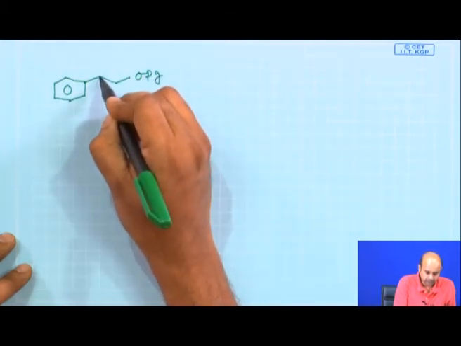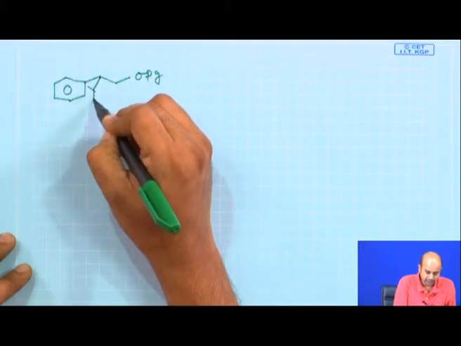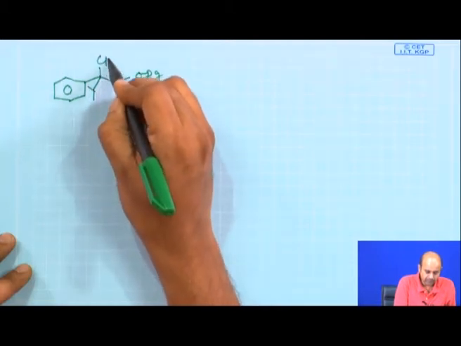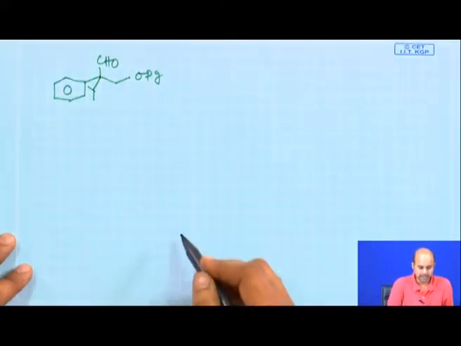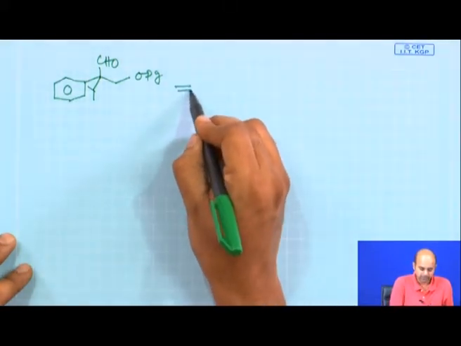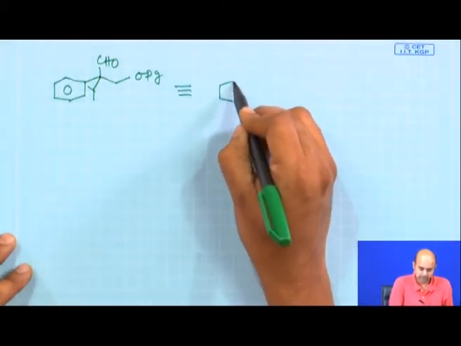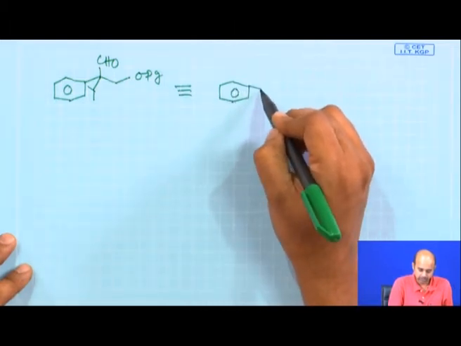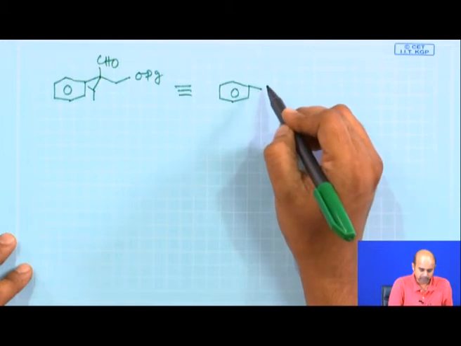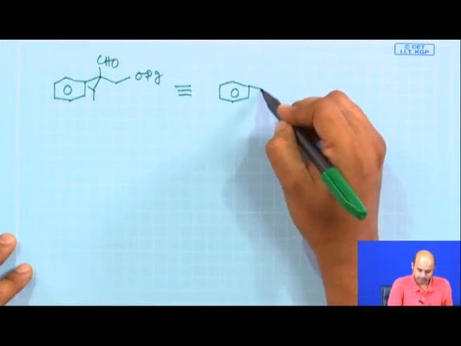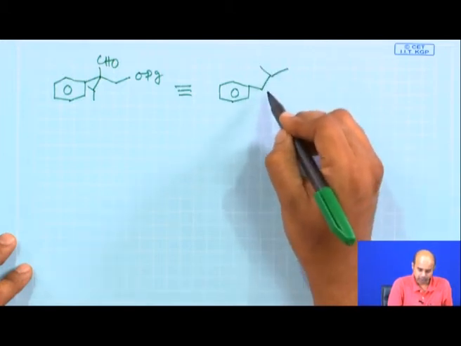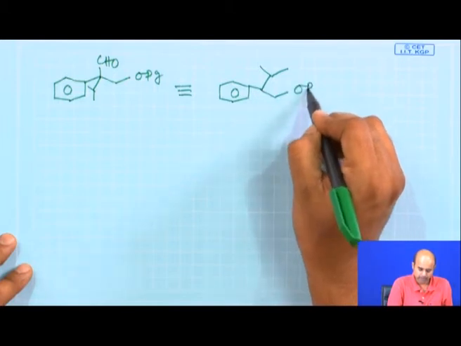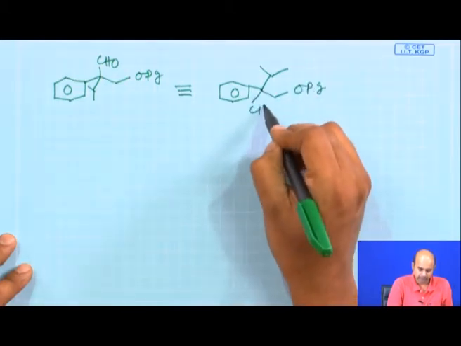This isopropyl group will definitely migrate, and you have this CHO after this rearrangement takes place, which is the compound with the isopropyl group on top, this OPG and your aldehyde.